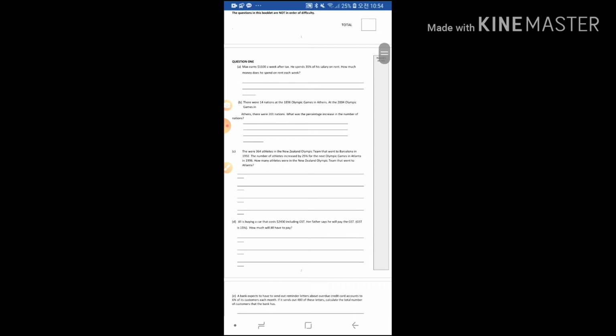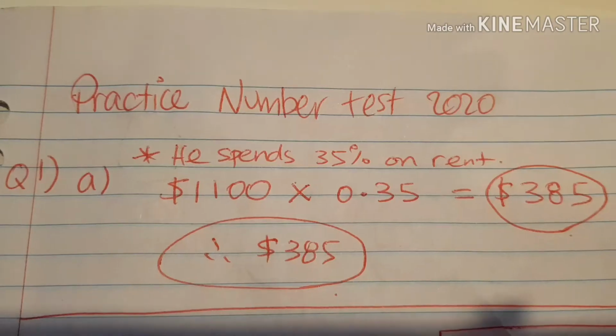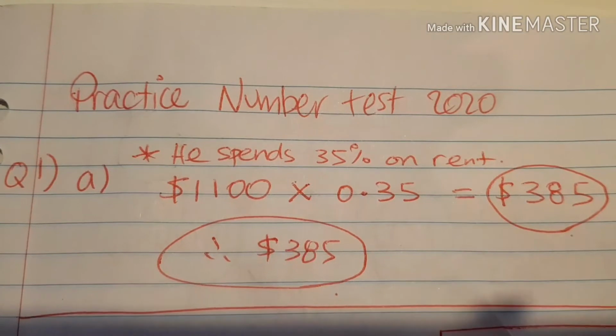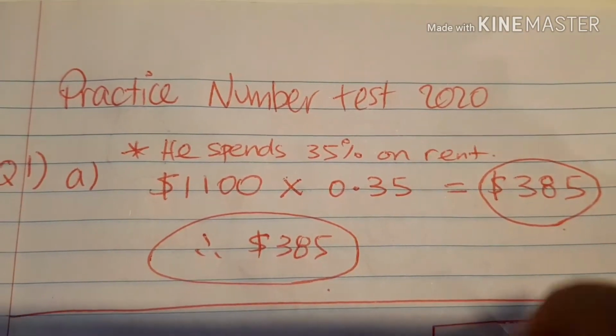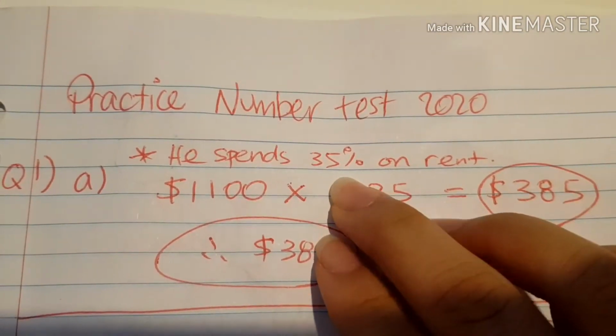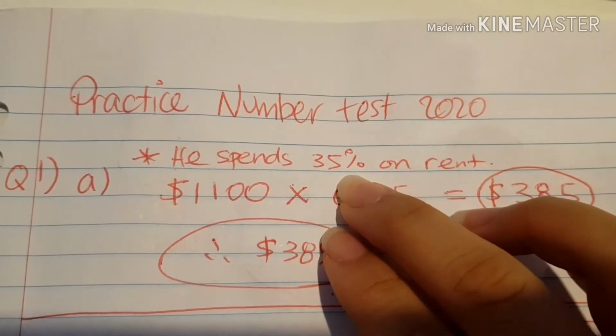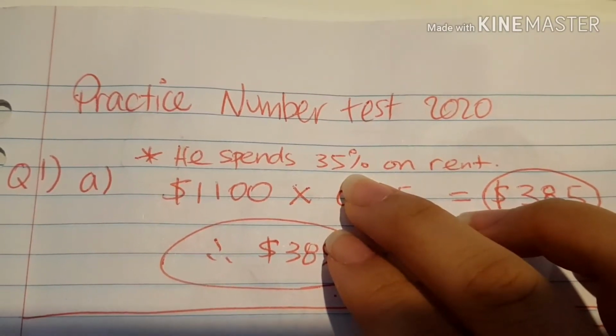Right, Max earns 1,100 a week after tax, and he spends 35% of his salary on rent. How much money does he spend on rent each week? So what do we have to do? Okay, so how we solve the first question is that he's spending on rent 35% of his salary, right?